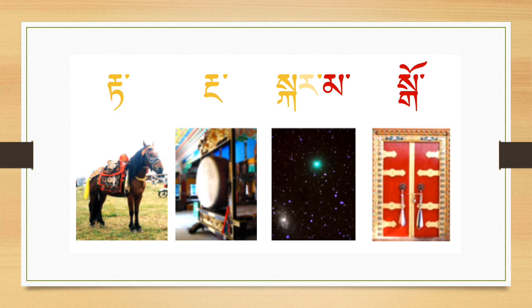It's a Sanskrit word. In Tibetan, the law of karma is le, so it's totally different. So yeah, karma is a star. And the last word, go, is a door. So ta, nga, karma, go.